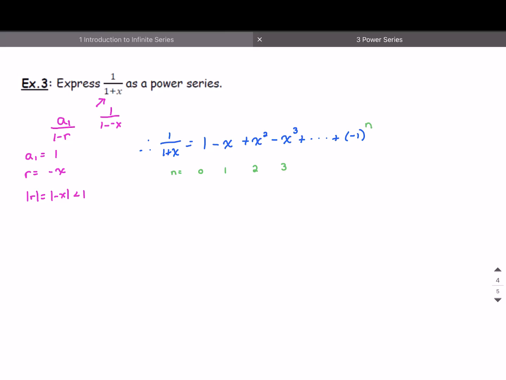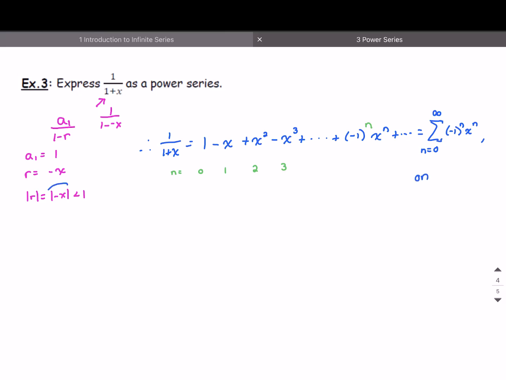So that means we just want to write negative 1 to the n. And then we also need our x to the n, okay? And this continues on. And if we want to write this as a summation, the summation as n goes from 0 to infinity of our general term, negative 1 to the n, x to the n.